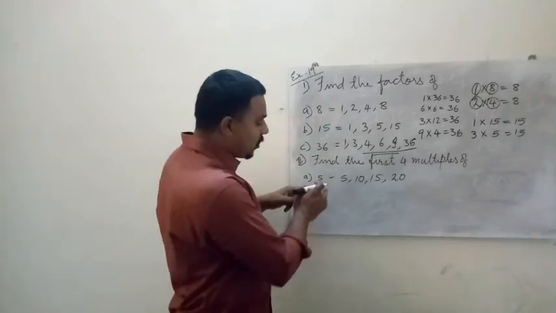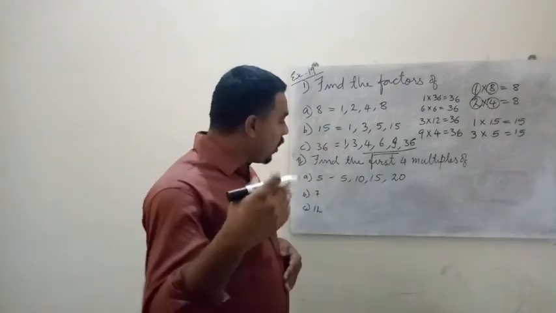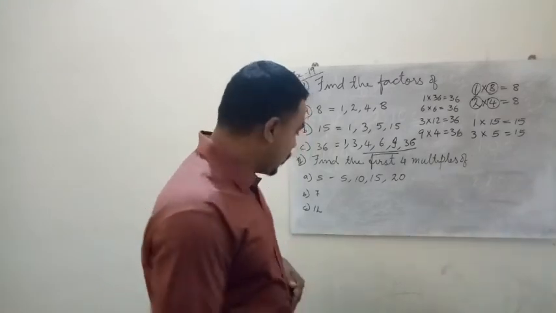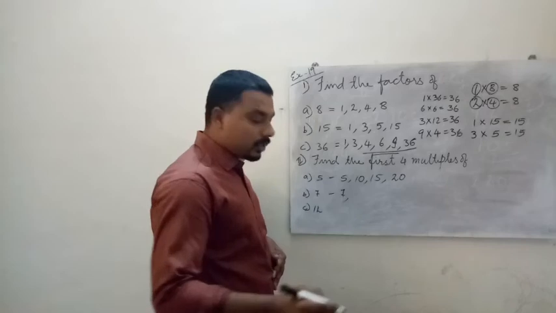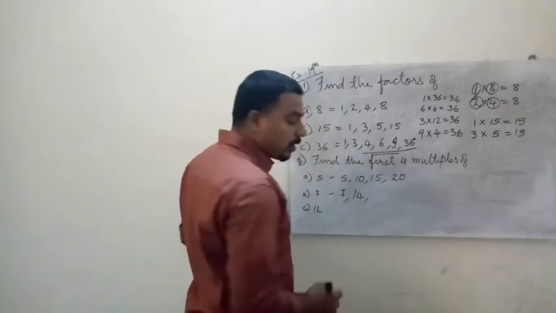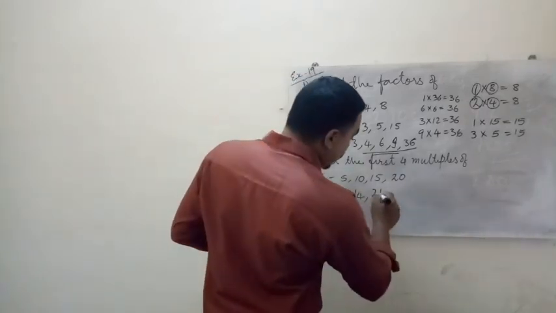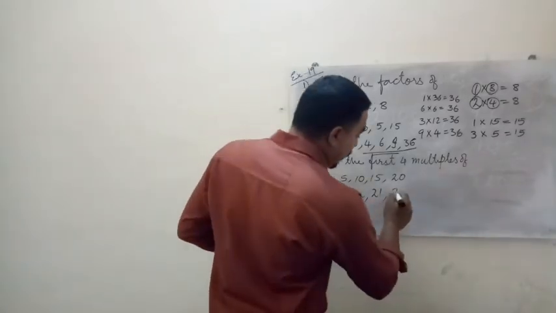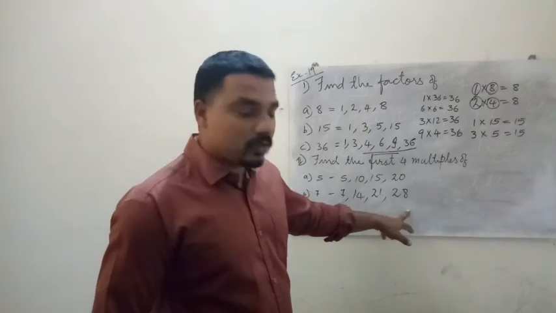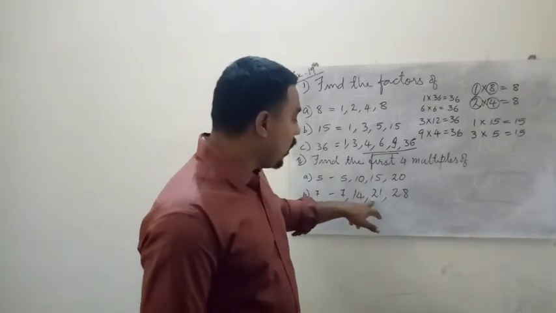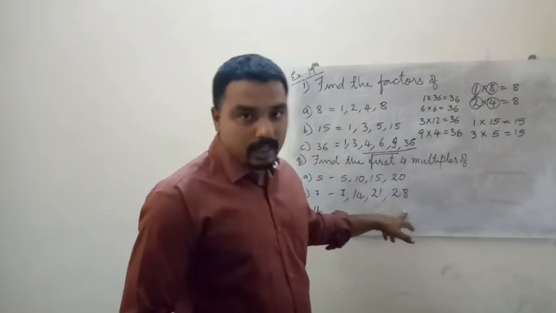The second one is 7. Then the next one is 14, next 21, next 28. These are the first 4 multiples of 7: 7, 14, 21 and 28.